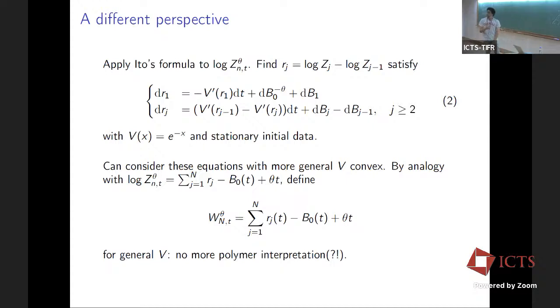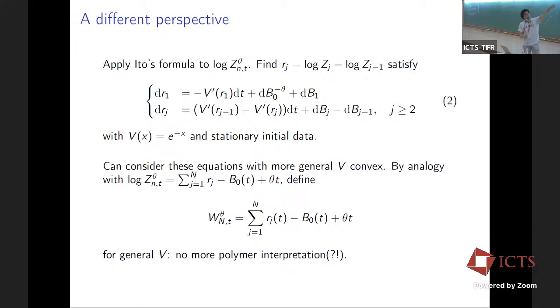So what is the top particle for us now? If you think about the O'Connell-Yor model in terms of the system, so if we forget that we're looking at this picture as this multiple integral, and I only have this system with V equal to e^{-x}, then I can reproduce the distribution of log Z(t, theta), the stationary O'Connell-Yor polymer, by summing the increments and then adding back B_0(t) plus theta t.